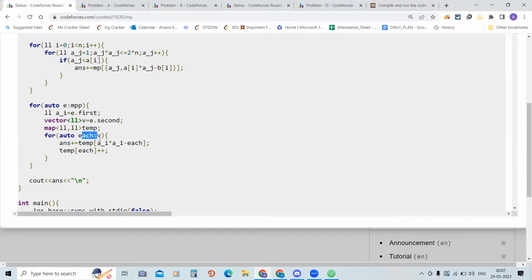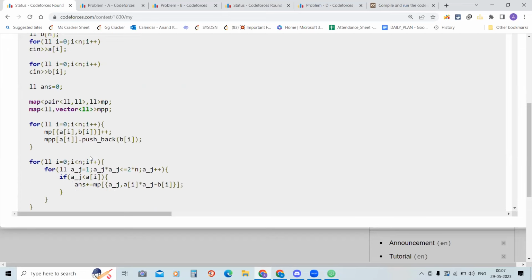I iterate over each element of the vector V, and I add temp of AI into AI minus each. Why this? Because you want the total sum to be AI square, and the current element you are taking is each. So previously you should have got AI square minus each. The total count of that encountered previously, I add to my answer, and then temp of each plus plus.